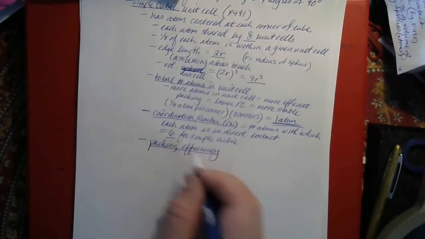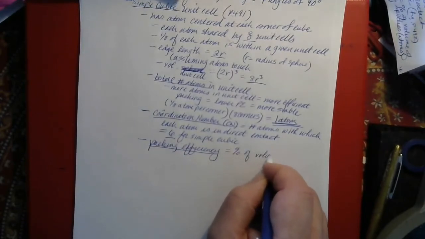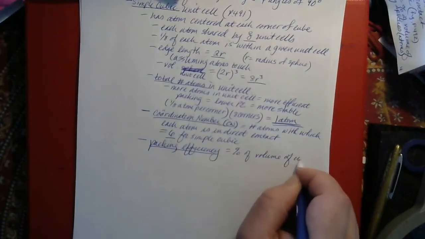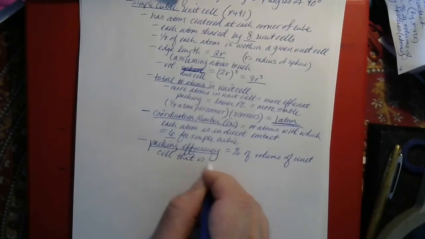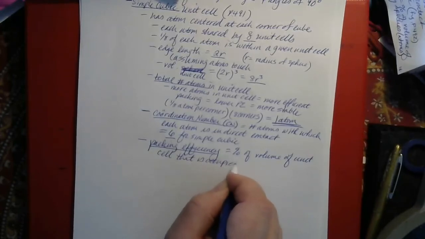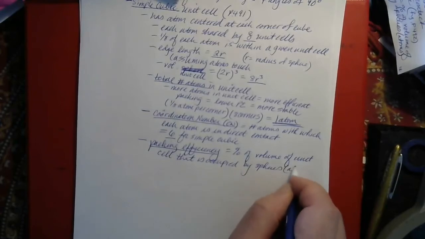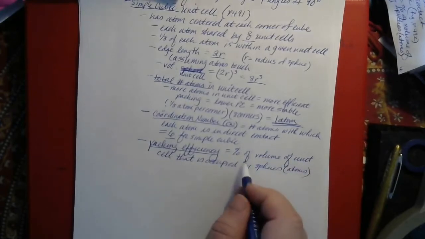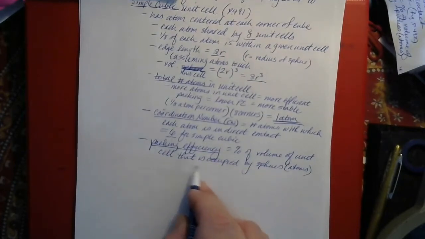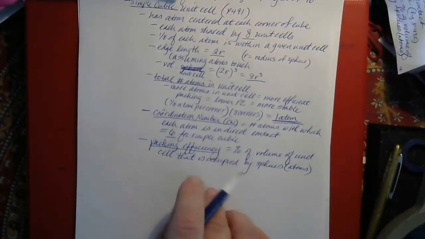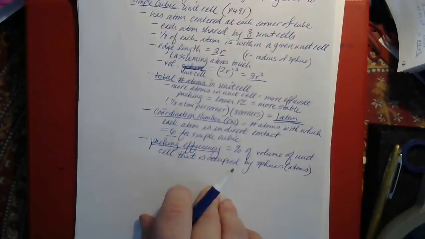There's a related concept known as packing efficiency. And packing efficiency is just the percentage of the volume of the unit cell that's occupied by spheres or atoms, if you're looking at it that way.